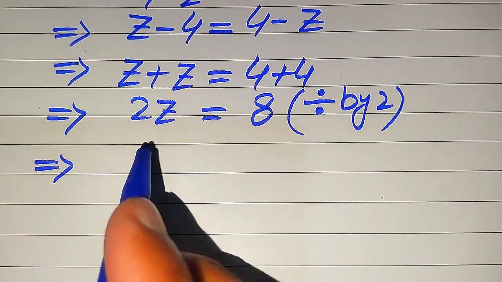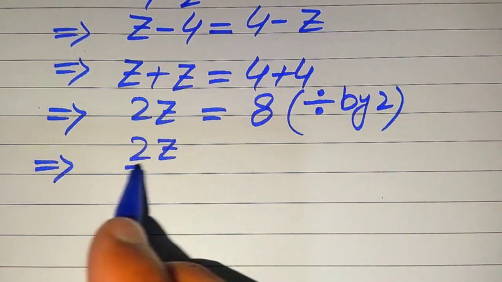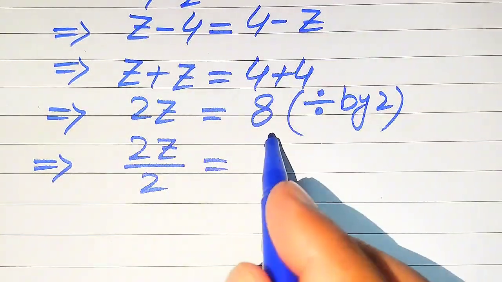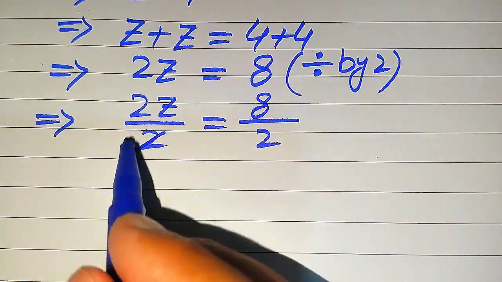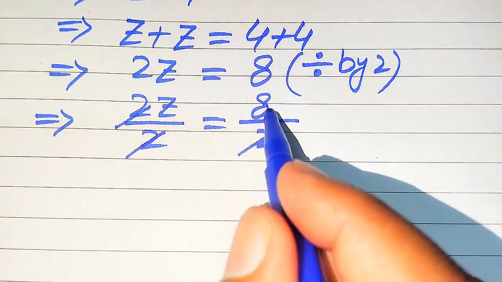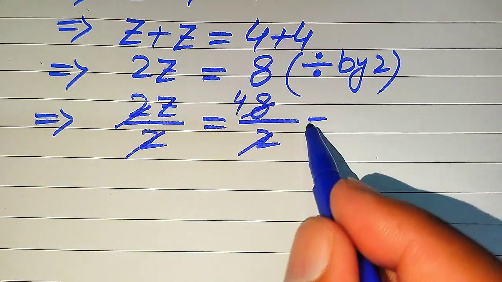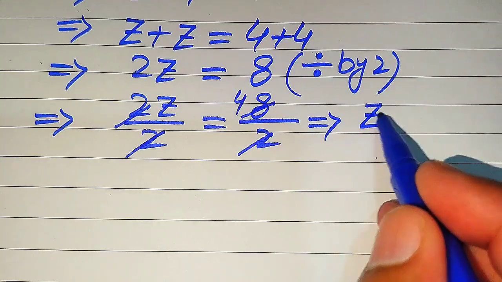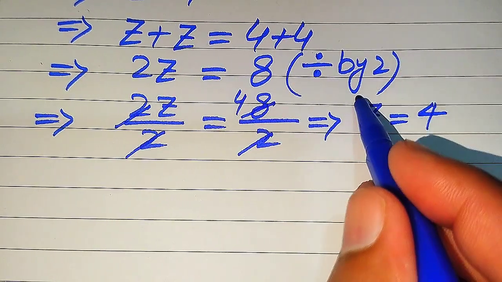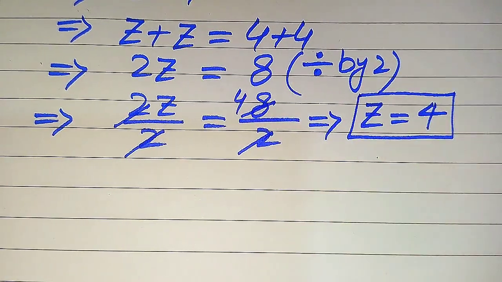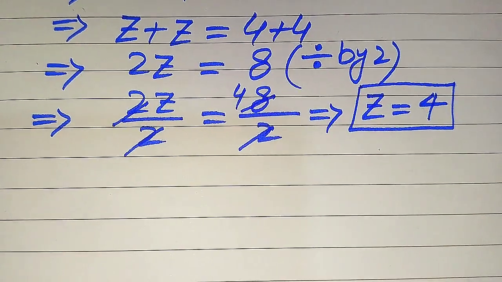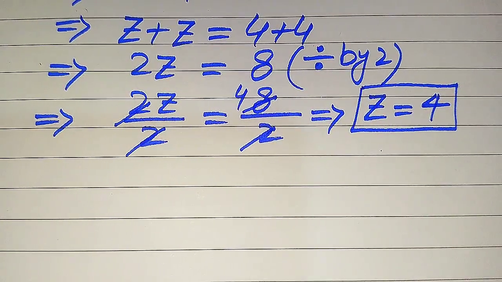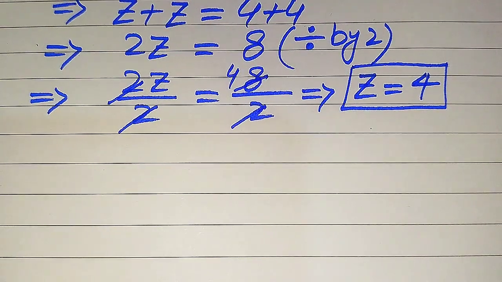So 2z divided by 2 is equal to 8 divided by 2. This 2 is cancelled out by this 2, and 2 times 4 becomes 8, and we get the value of z is equal to 4. So here we get only one root of the given equation, that is z is equal to 4.